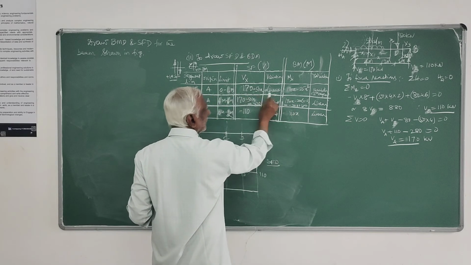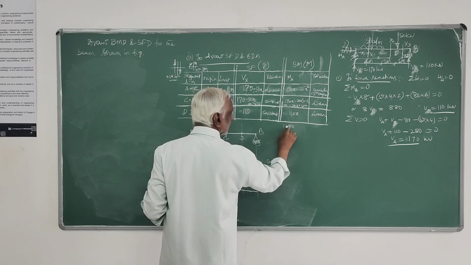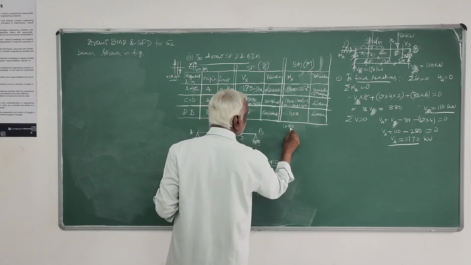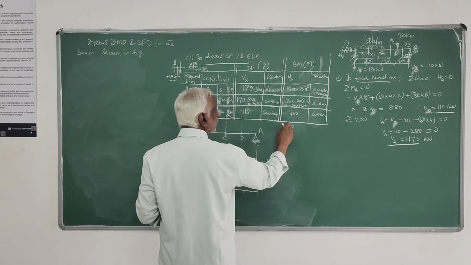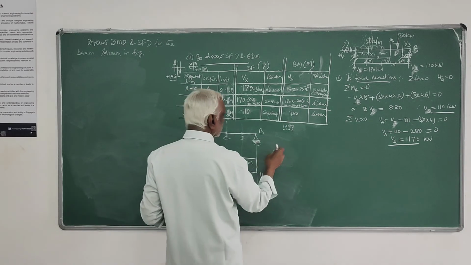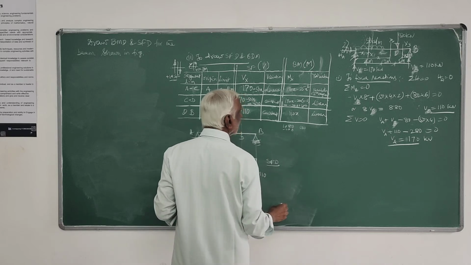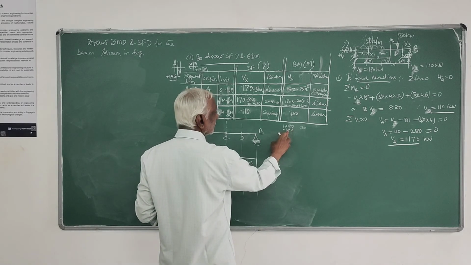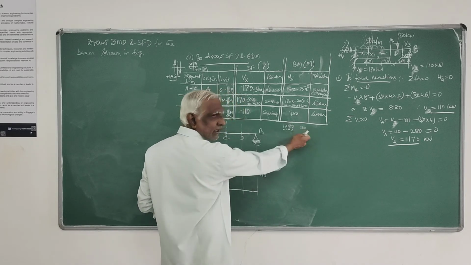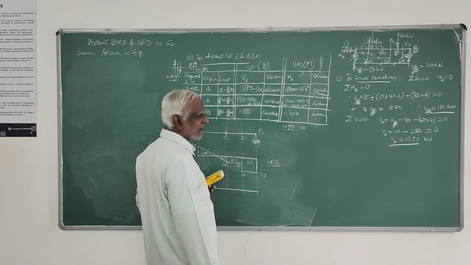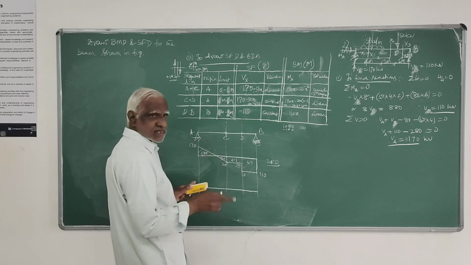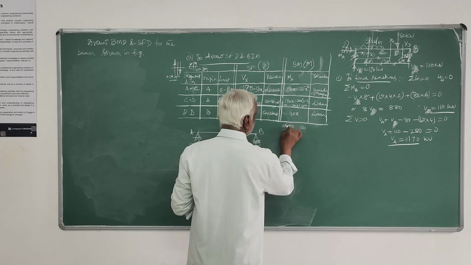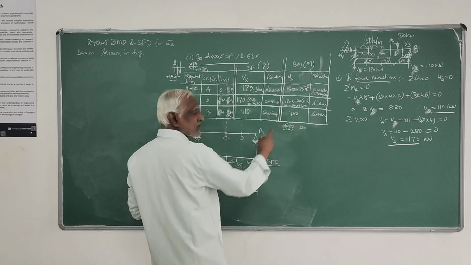Then when x equals 4, this will be 170 into 4, that is 680. Then 4 square is 16, 25 into 16 gives 400. So 680 minus 400, that is 280.